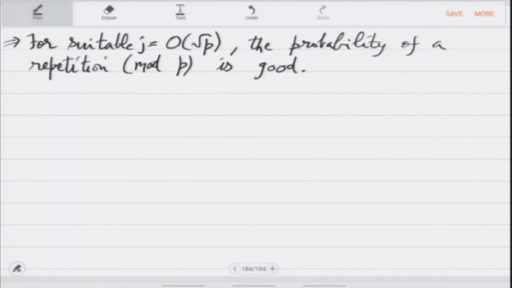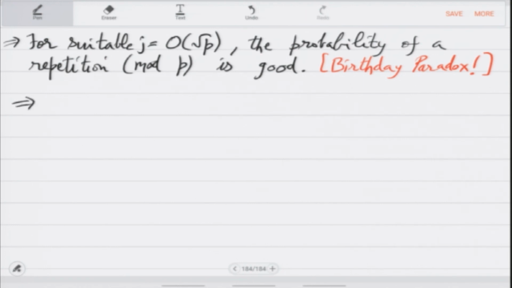This calculation should remind you of something called the birthday paradox. Okay, that's what is going on here. So if you collect square root p random numbers, then two of them will be the same mod p. That is what it is saying.